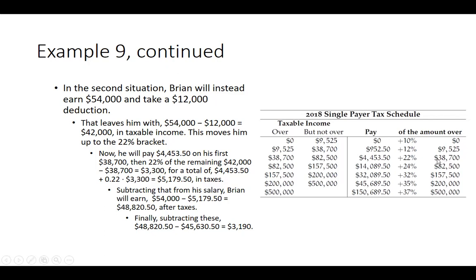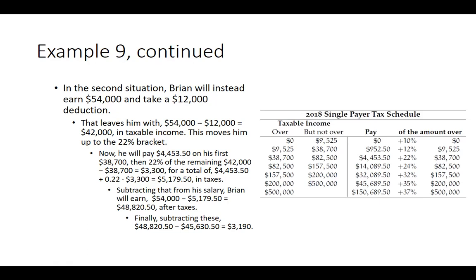So we have to find the amount over 38,700. 42,000 minus 38,700 is 3,300, for a total of $4,453.50 plus 22% of 3,300. He's only paying 22% on the final 3,300. And that works out to $5,179.50 in taxes.